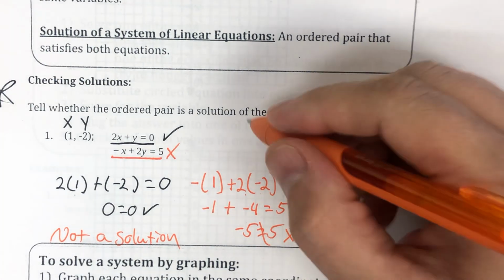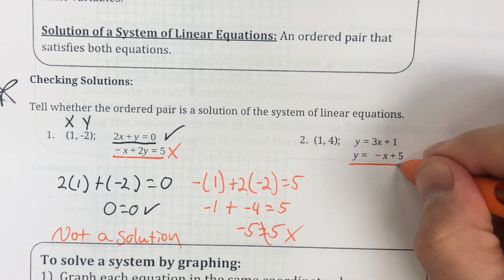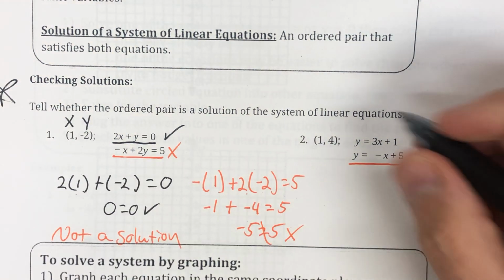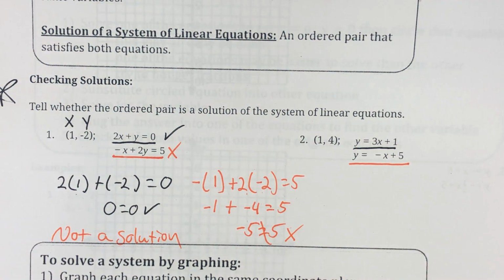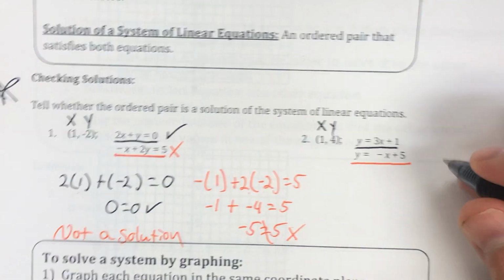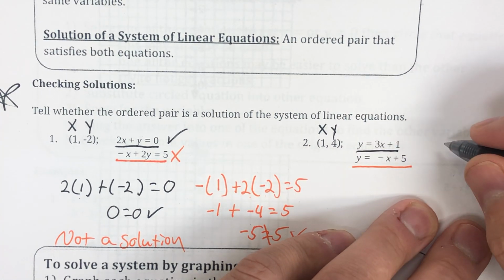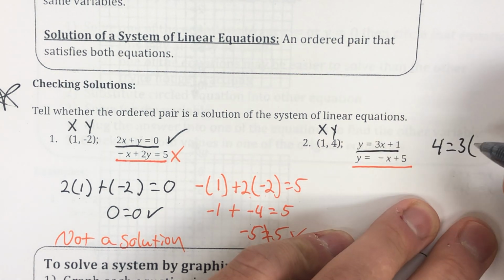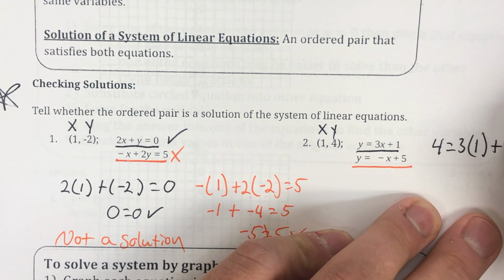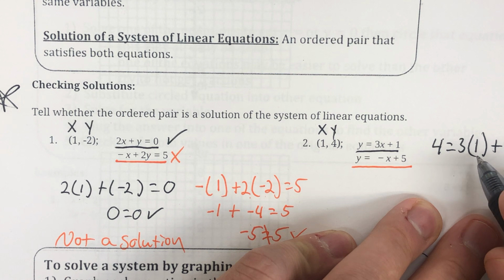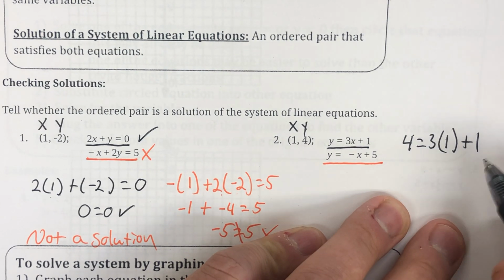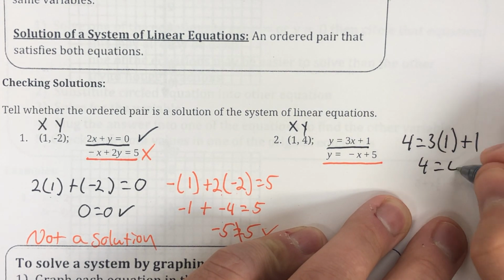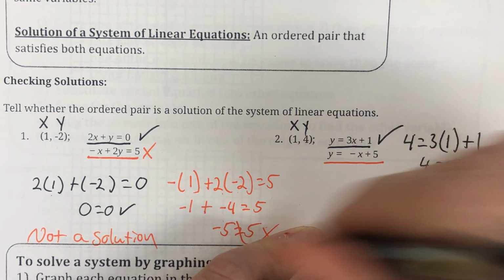Okay, so now we're going to try the next one. Same process. I'm going to do the bottom one in orange and the top one in black. We'll see if it's true. x, y. So y is 4. So 4 equals 3 times x, x is 1, plus 1. 3 times 1 is 3, and 3 plus 1 is 4. 4 equals 4. That checks off. That one's true.